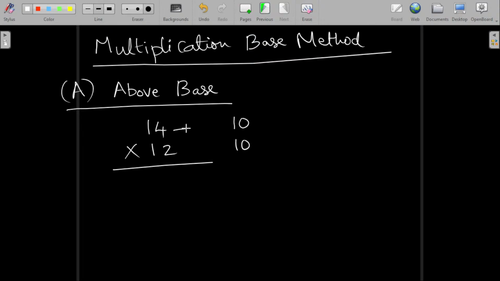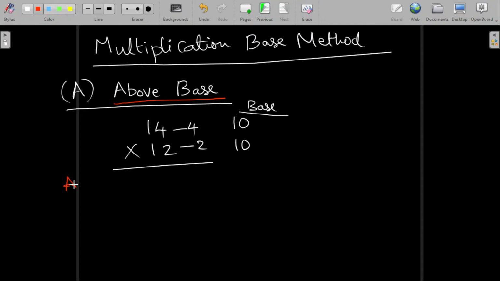So what is the difference from this base? You can take the base as 10 here because these two are nearest to 10. So difference is 4, and this difference is 2. Both numbers are above the base. That is the reason I wrote here as above base. So base is 10. Okay. So both numbers are above base.